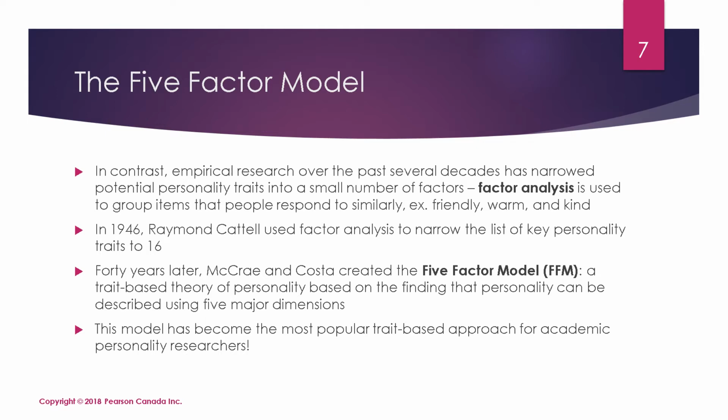And basically it's a trait-based theory of personality based on the finding that personality can be described using 5 major dimensions. And this model has actually become the most popular trait-based approach for academic personality researchers. So in terms of our go-to models for personality these days, the 5-factor model is pretty much one of the best out there in terms of what we use in our research and what we believe to be empirically validated.